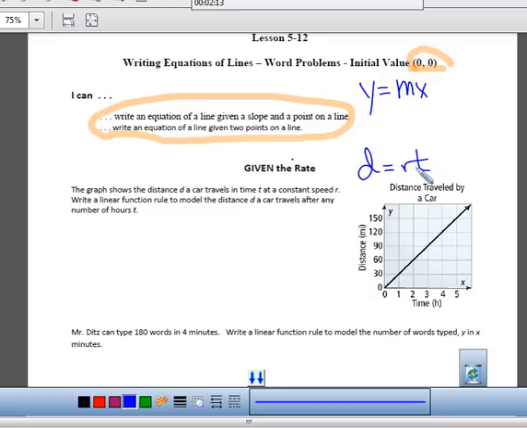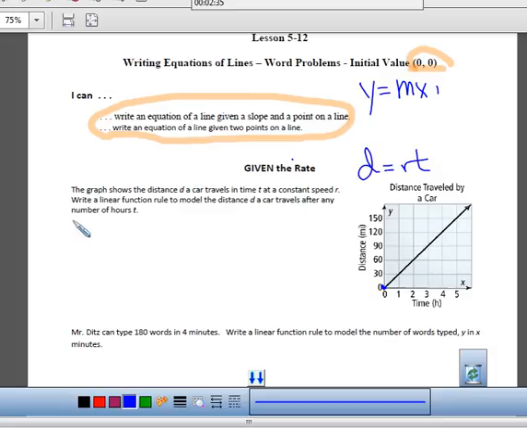That's because it is basically the same thing. The reason these are identical is that if you look at the graph, it starts at 0. So if our y-intercept is 0, we're not going to write plus 0. That's why it's just y equals mx, but in this case, we're going to use d, r, and t.